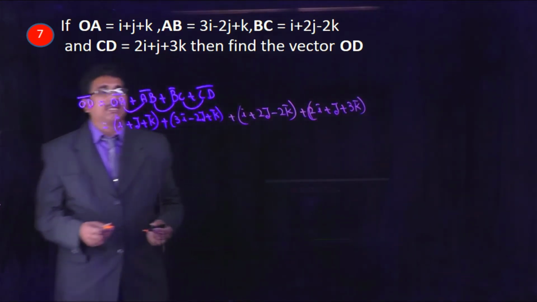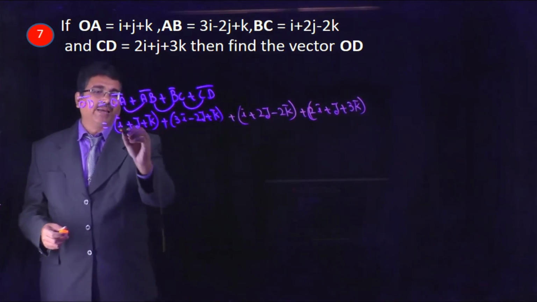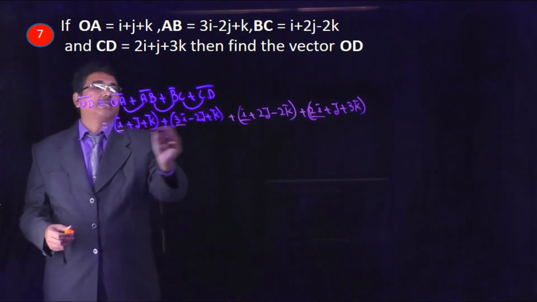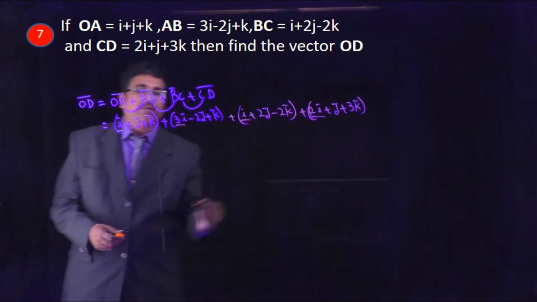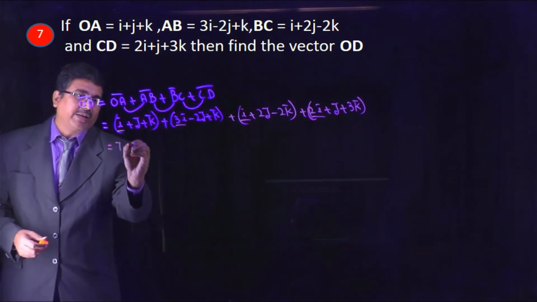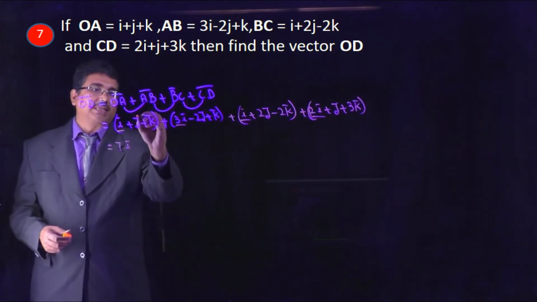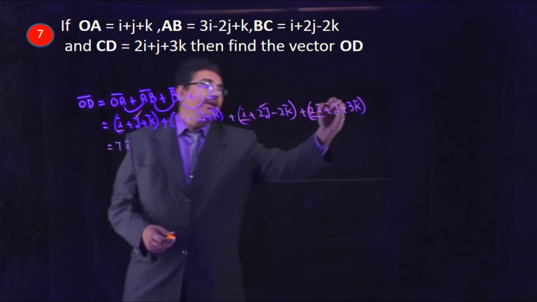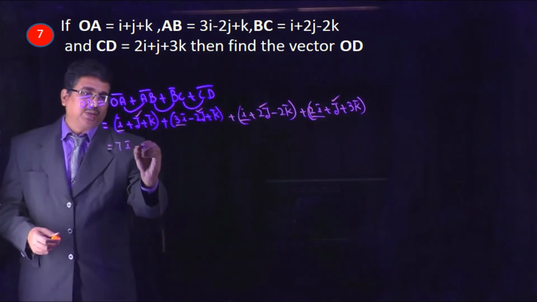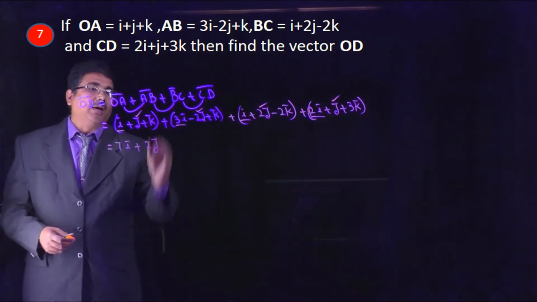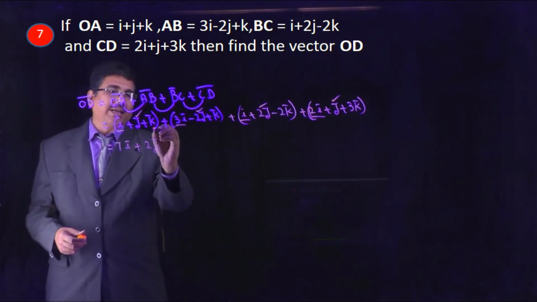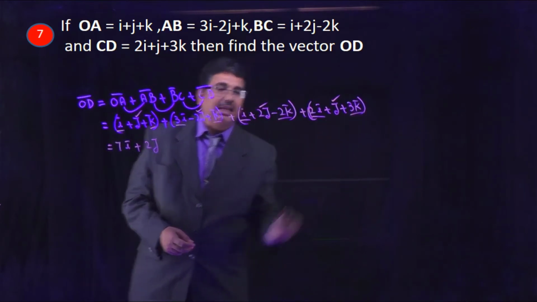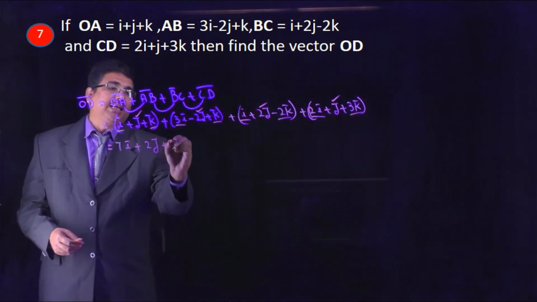Now the I bar terms: 1 plus 3 plus 1 plus 2, that is 7I bar. The J bar terms: J bar minus 2J bar plus 2J bar plus J bar, that is 2J bar. The K bar terms: K bar plus K bar minus 2K bar plus 3K bar, that is 3K bar.